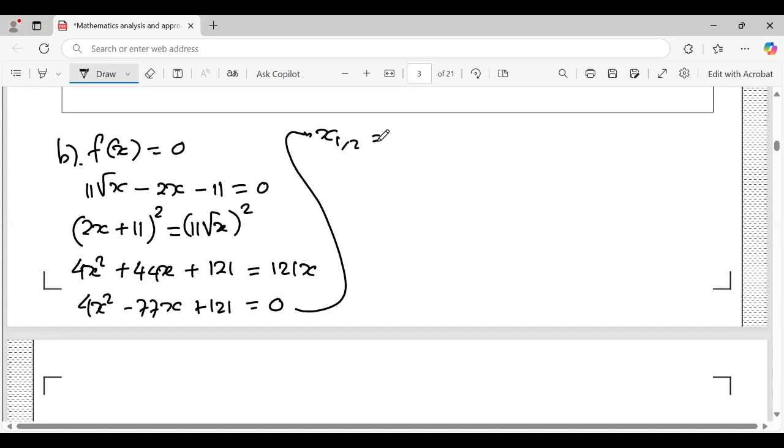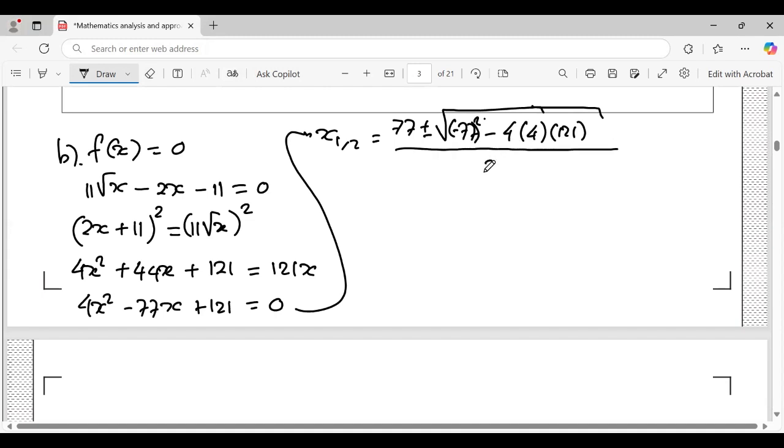For x1, x2, this is A, B, C. So x equals 77 plus or minus the square root of minus 77 squared minus 4 times 4 times 121, divided by 2 times 4.